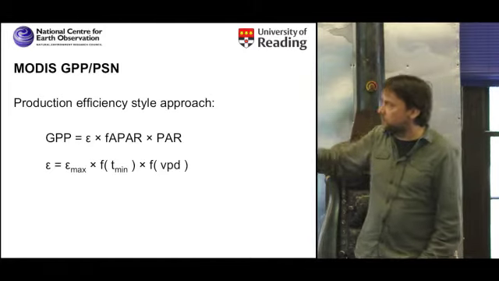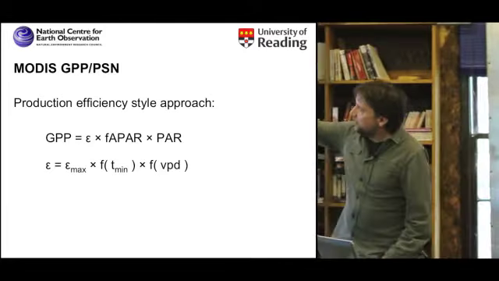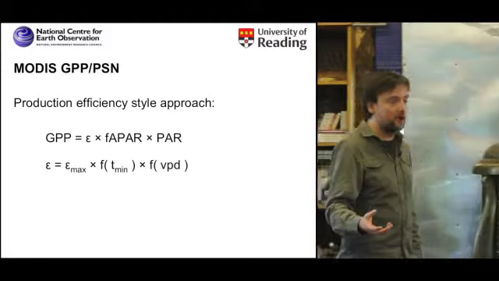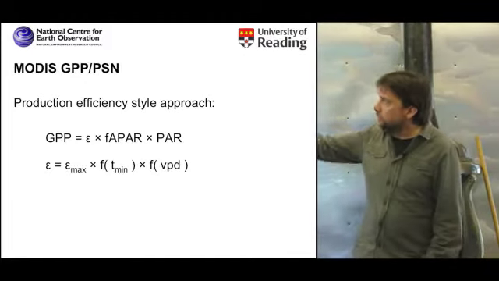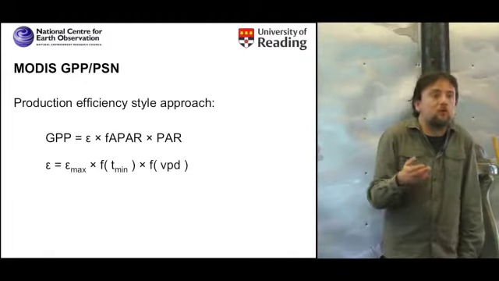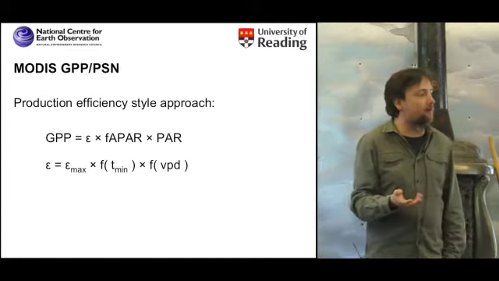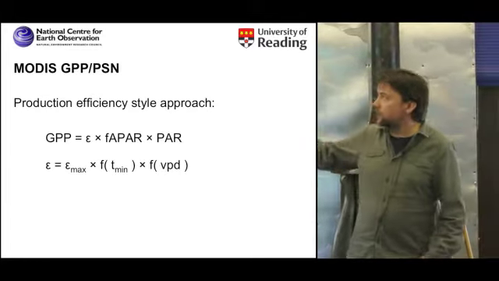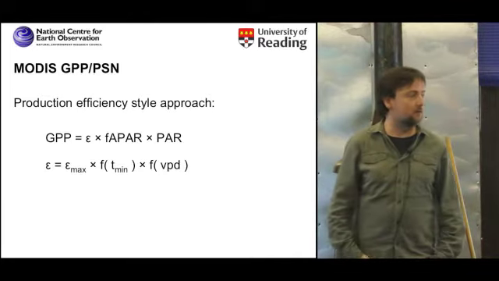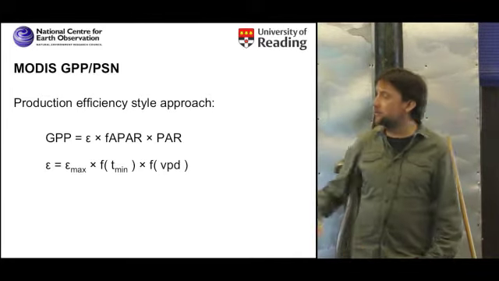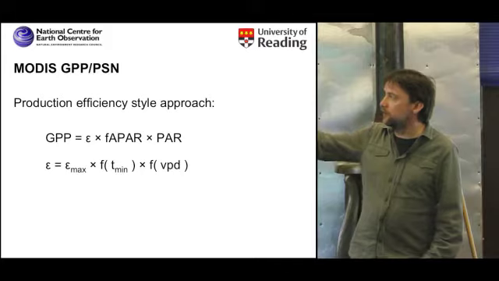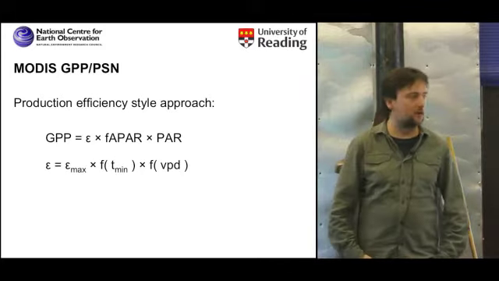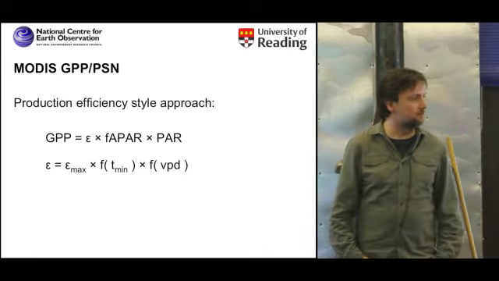So those two terms, FA-PAR times PAR, become absorbed PAR, and then that's multiplied by some notion of the efficiency of that ecosystem or biome at turning that energy into carbon. The units of that efficiency term are literally grams of carbon per megajoule of solar radiation.